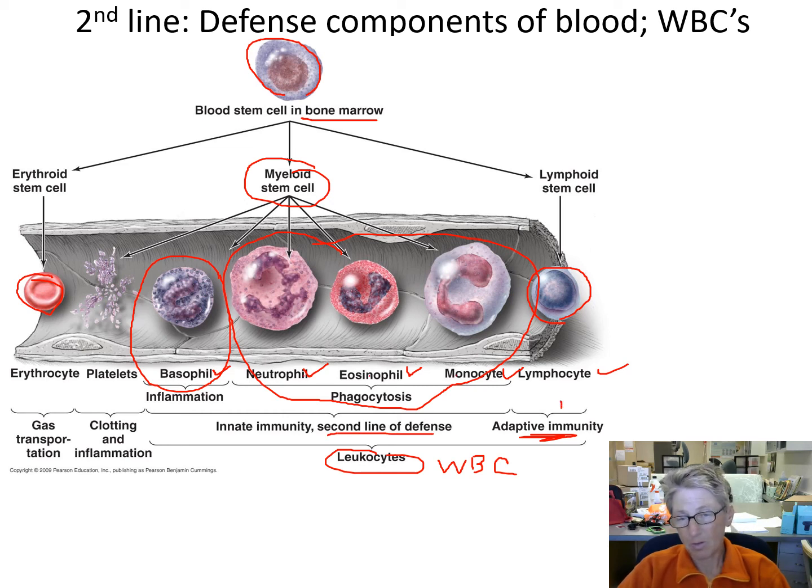And like we said, the lymphocytes are involved in the third line of defense, or in other words, adaptive immunity, and those are the B lymphocytes and T lymphocytes. And then you come over here to the left side of the cartoon. Red blood cells are for gas transportation, so they transport oxygen and carbon dioxide. And the platelets are for clotting and inflammation.